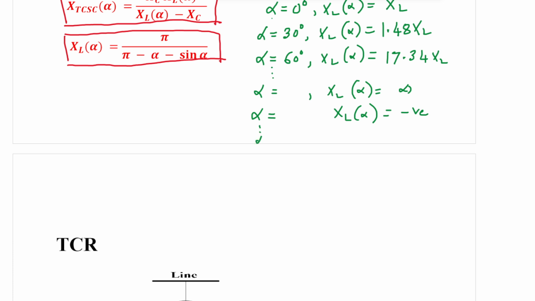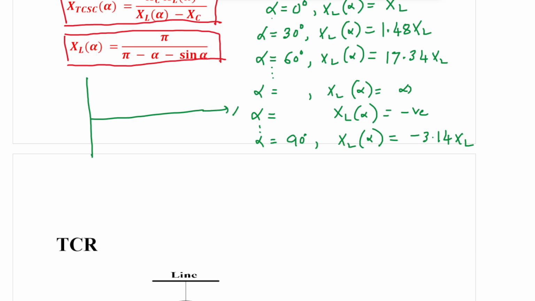And if you further increase up to 90 degree, then XL alpha will become minus 3.14. So basically it will take this shape. If on your x-axis it is alpha and on your y-axis it is XL alpha, it will roughly take this shape. Okay, and suddenly it falls and it takes this.